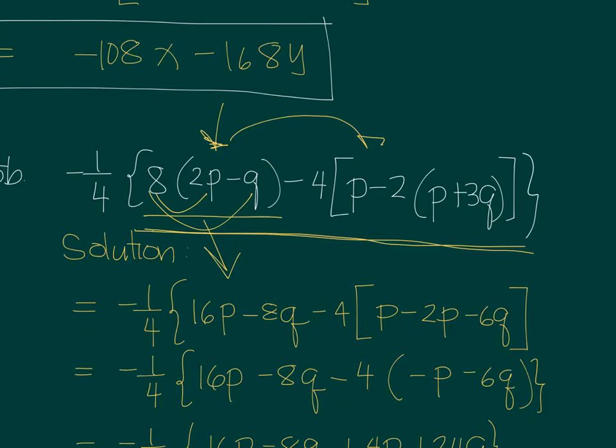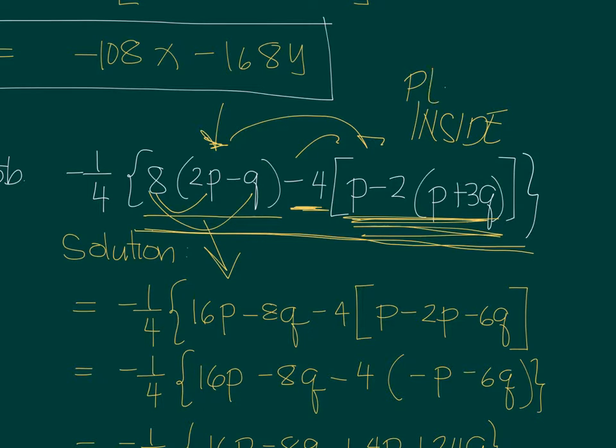And then from here, although you have a minus 4 times a group, we do not multiply 4 yet because there is something that you have to fix inside. Remember, you have to work from the inside. So inside, you have p minus 2 times p plus 3q. Following PEMDAS, you multiply first before you subtract. So 2 goes to p and 2 goes to 3q. That's minus 2p here, and then minus 6q.